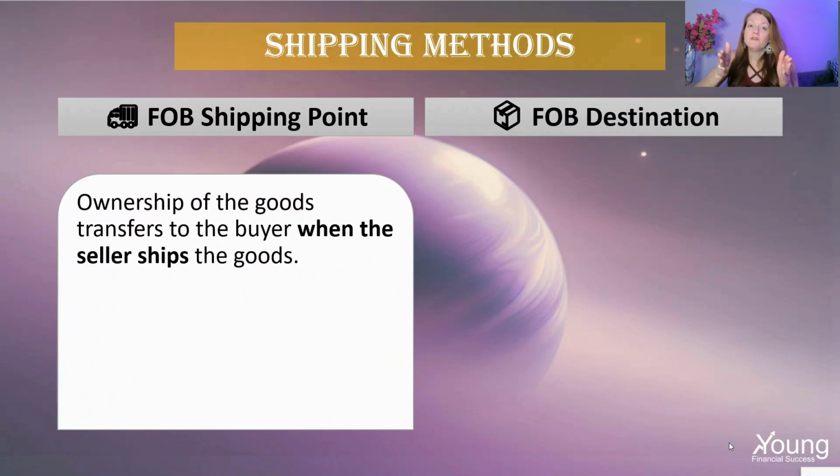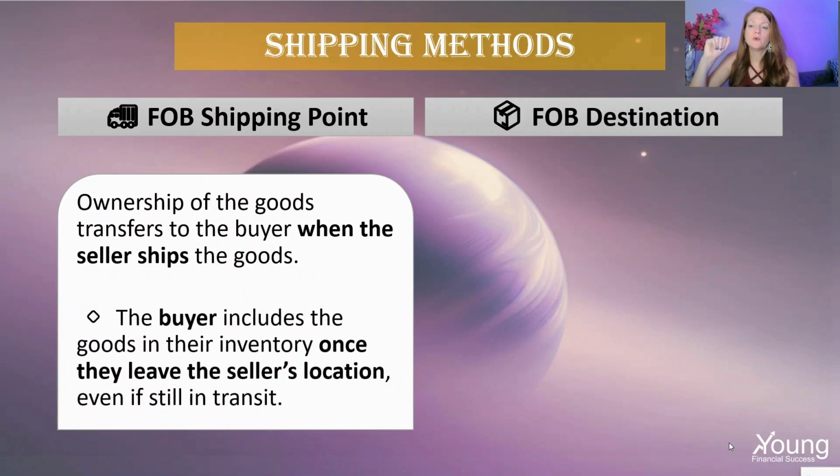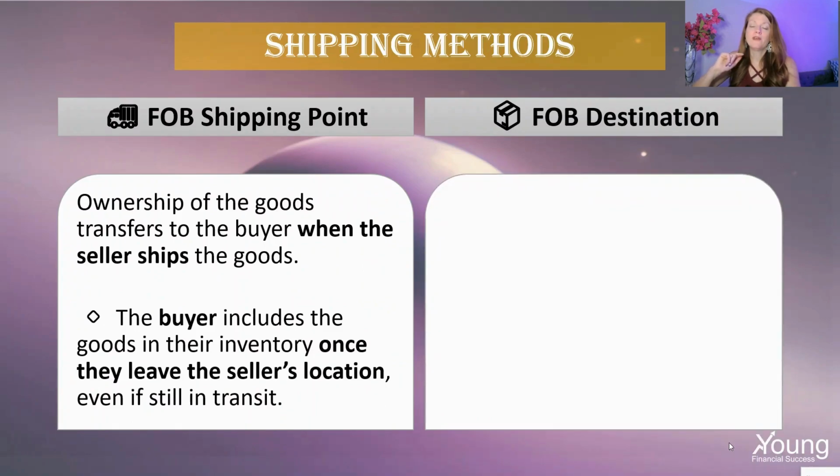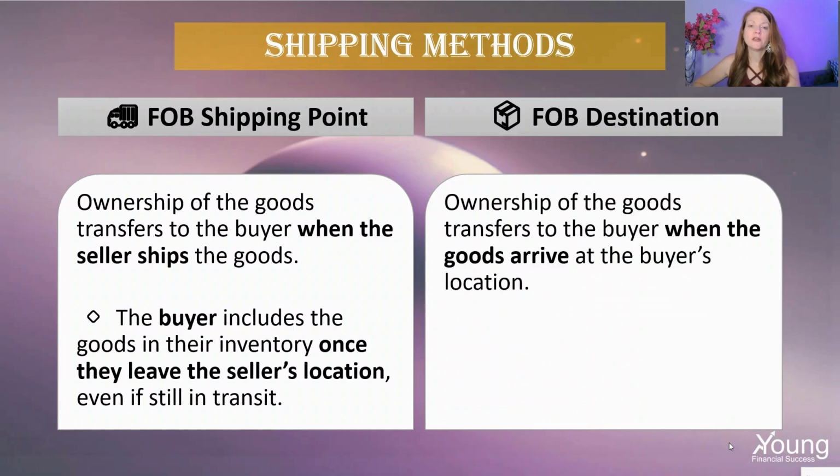So that is FOB shipping point. So while it's in transit, Subway would be the ones to show it in their inventory. The buyer, Subway, includes the goods in their inventory once they leave the seller's location. So it's going to show up on Subway's inventory as soon as it leaves US Foods. And we're going to talk about how that affects the cost of anything in transit.